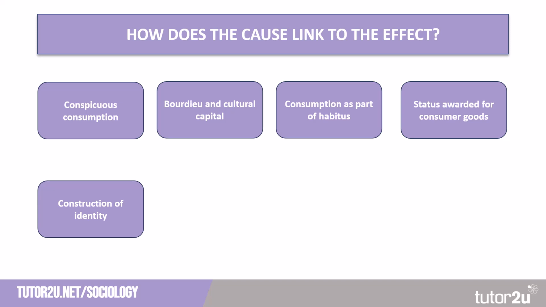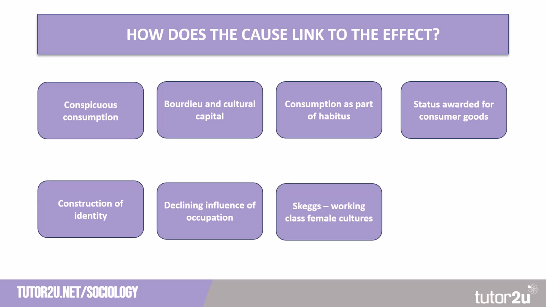Another way in which we can do this is talk about the construction of identity. In many ways we're starting with class identity and showing how it is impacted by consumption. We can suggest that there is a declining influence of things like income and occupation within class identity. This is a postmodern idea of the declining influence of social class in the formation of our identity. However, our class identity is still drawn from different factors.